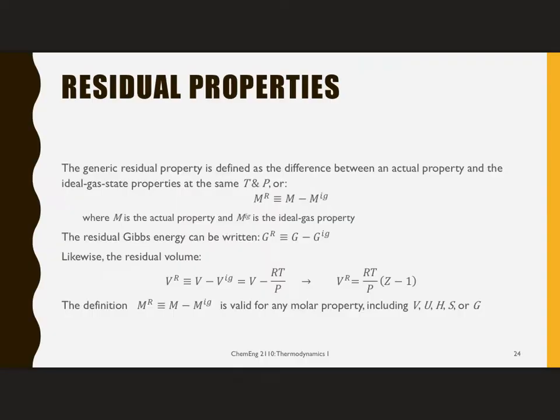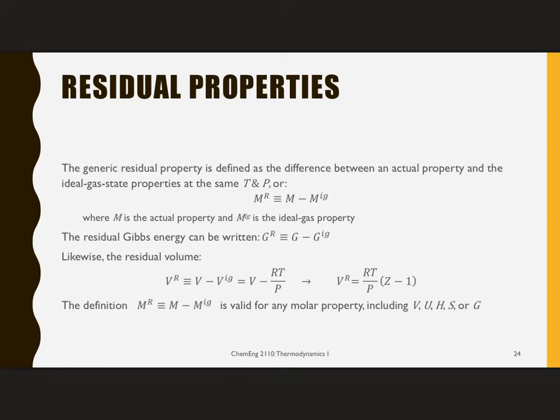Residual properties are defined generically as the difference between the actual property and the ideal gas property at the same temperature and pressure. If you designate the generic property to be M, where M could be any property, it could be volume or it could be enthalpy, anything.